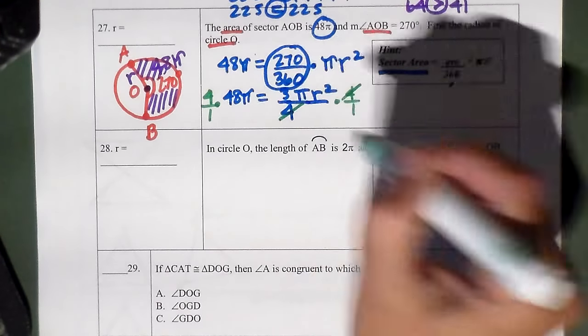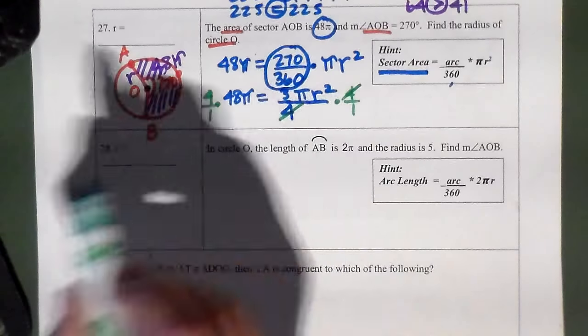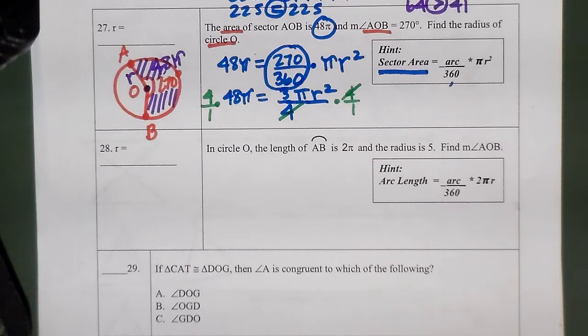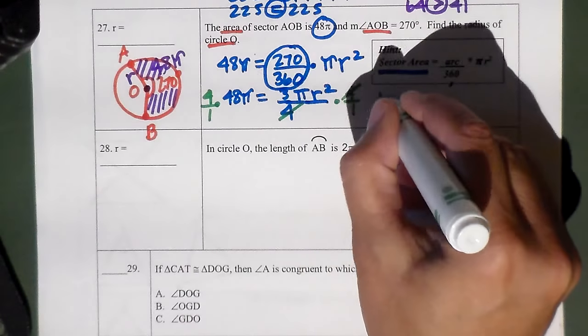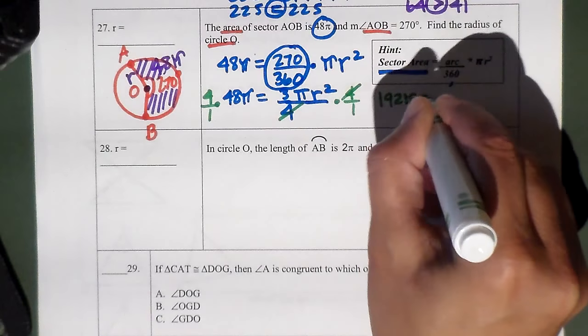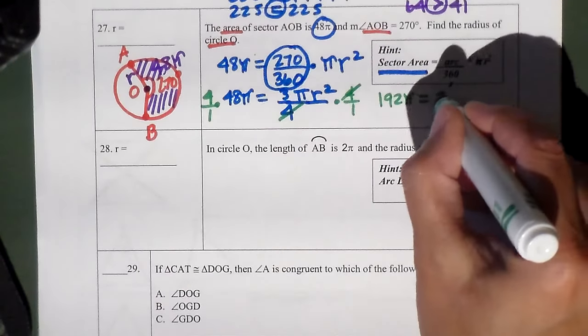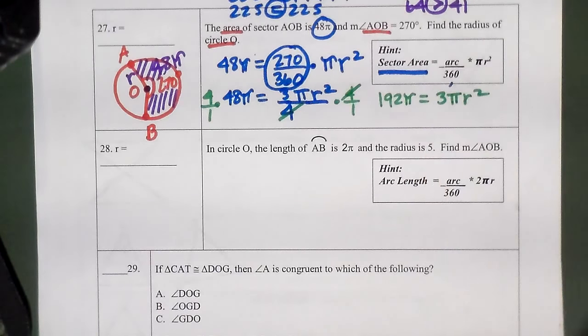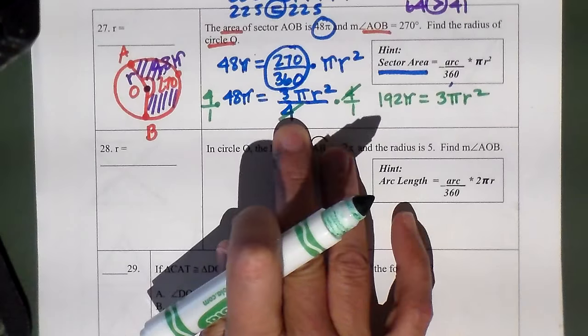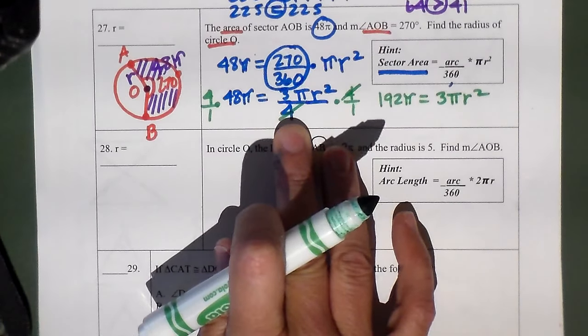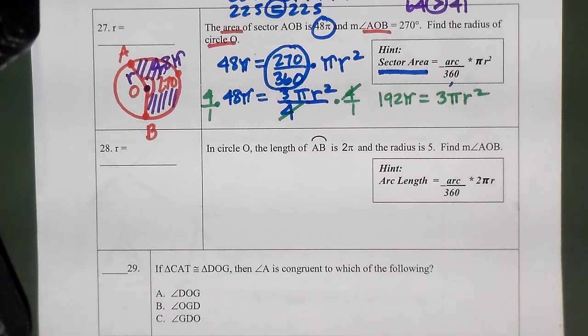By doing that, those go away. 4 times 48 is 192, so I'm going to have 192 pi on this side, and then I'm left with 3 pi radius squared on this side. All I've done is multiply both sides by the lowest common denominator to get rid of the denominators.